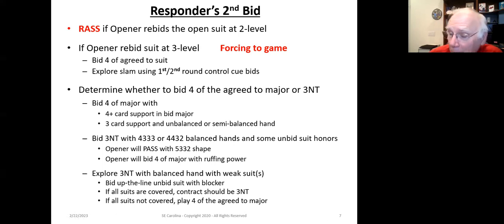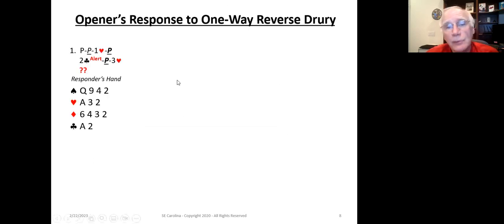In this case, because they don't have one in clubs, they're going to bid diamonds, showing they've got a blocker in diamonds but not in clubs. So it's really important to understand that type of situation.